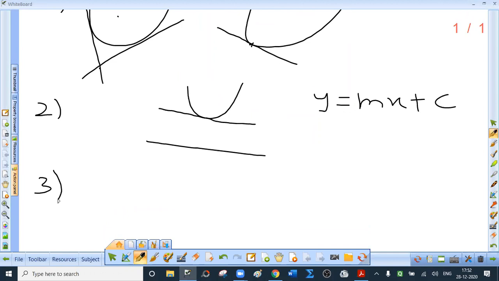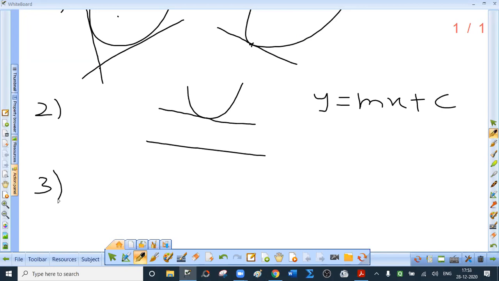In the third part, we will show that in general, listen to me carefully, these two words are important. In general, two tangents can be drawn to the curve from a point x1, y1 in the same plane. I repeat this statement.